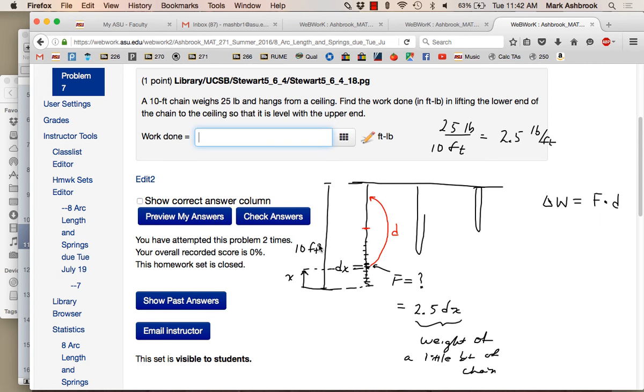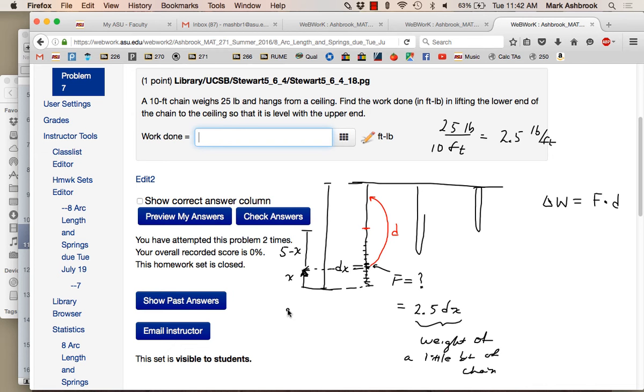So first then we need, how far is this? How far is it from there to the halfway point? 5 minus x. Do you see that? So what is d then? How far is that little bit of chain going to move? 2 times that 5 minus x.